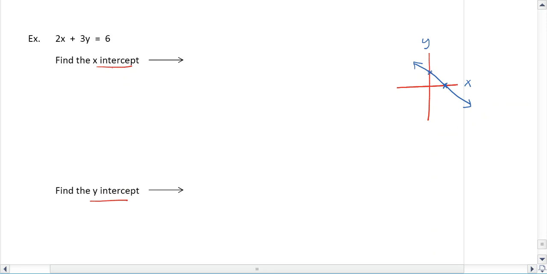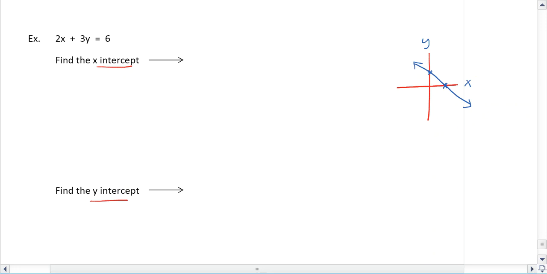And the key to finding these algebraically, now we will be able to graph them and look at our calculator screen, but if the intercept falls in between two integers, it's difficult to see accurately. So we need to know this method also.